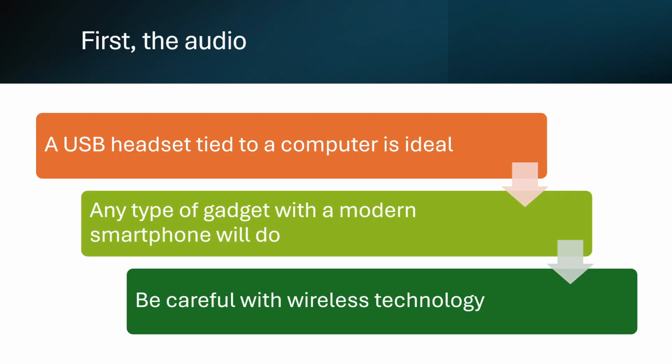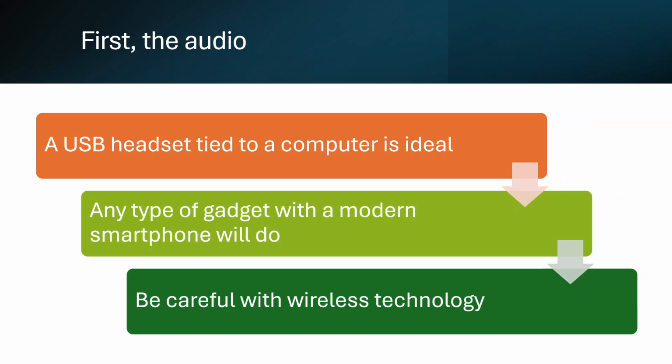First, you have to do a few things right before even starting, and the audio is paramount. You need a USB headset tied to a computer. This is ideal. If you see call center people, outbound sales professionals use this kind of setup.